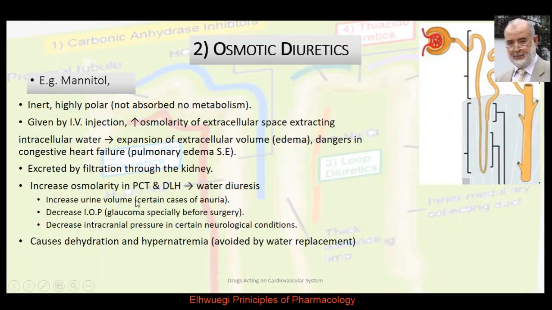This is applied clinically in certain cases of renal failure or anuria. In certain cases of anuria, sometimes their kidney function is not well. They do not produce enough urine. So in this case, they are given mannitol intravenously to increase the urine outflow and urine volume.